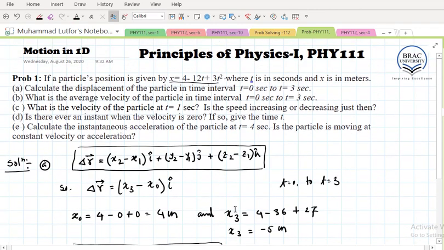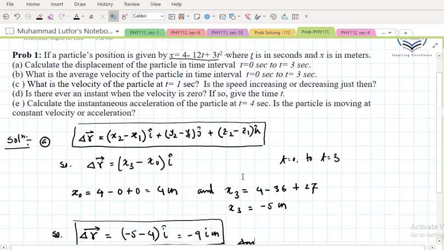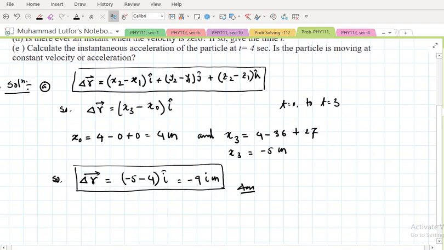In the second question, what is the average velocity of the particle in the time interval t equal to 0 second to t equal to 3 seconds? The general formula for the average velocity in any time interval is v average equals del r, the displacement, divided by del t.